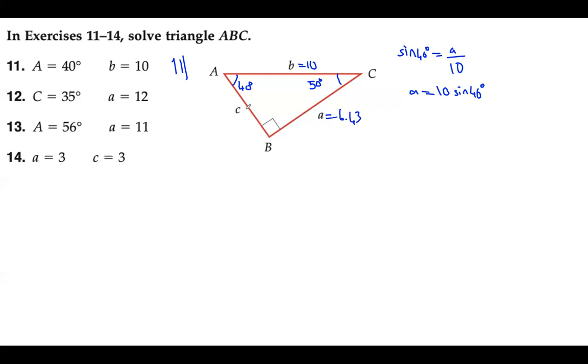Now I am going to find C. For C, let's use cosine 40. So cosine 40 is equal to C over, because C is the adjacent side, 10.